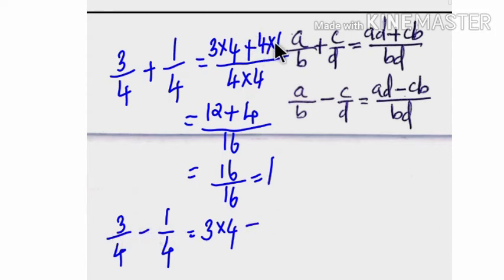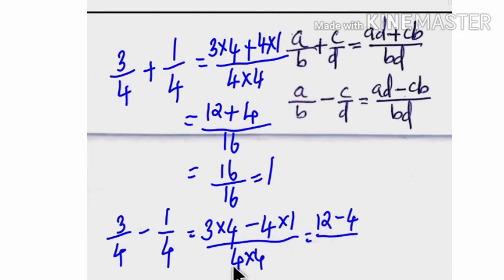Firstly, 3 into 4, numerator of first into denominator of second, minus 4 into 1, divided by 4 into 4. 3 into 4 is 12, minus 4 into 1 is 4, divided by 4 into 4, which is 16. 12 minus 4 is 8 by 16.